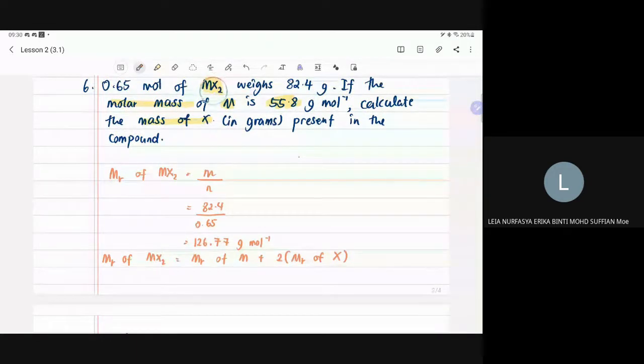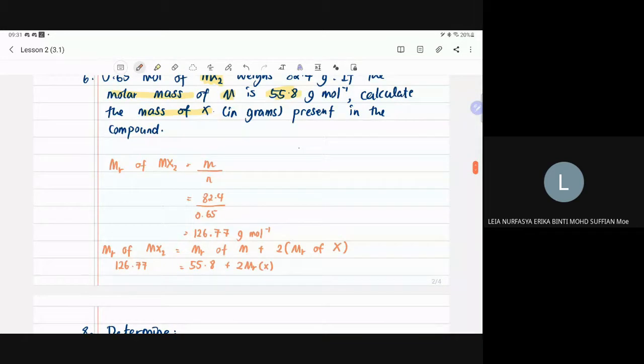M ada 1, X ada 2. Jadi, from here kita ada 126.77 equals to 55.8 grams per mole tambah 2, saya guna Mr of bracket X lah. Ini adalah Mr of X.